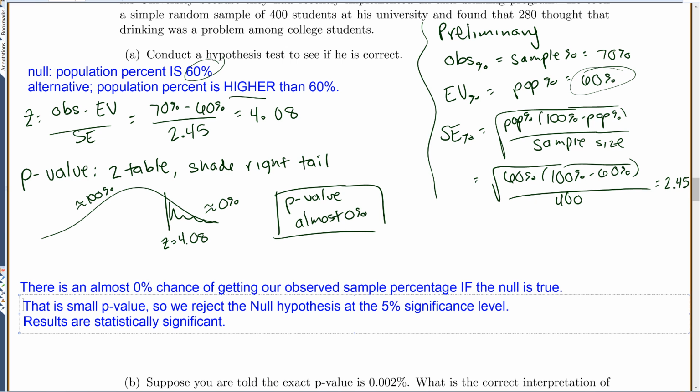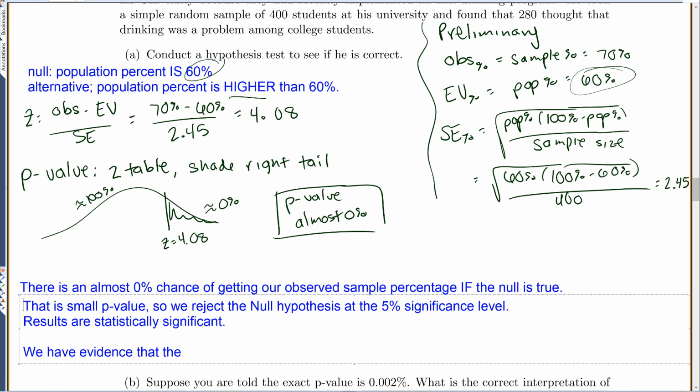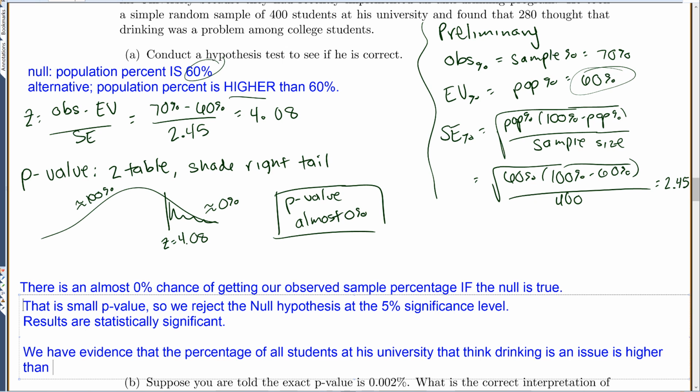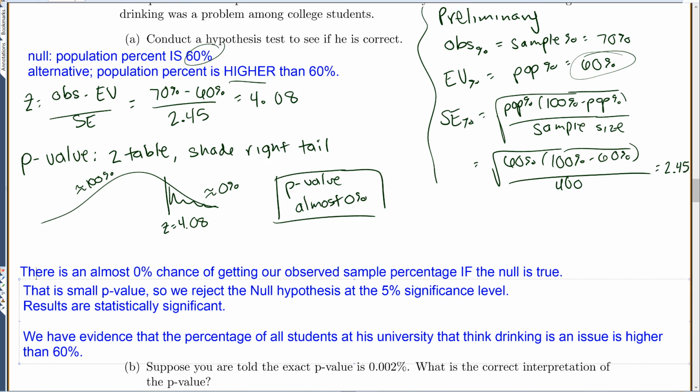Anytime you have a small p-value, you can say they're statistically significant. And you say something like, we have evidence that the percentage of all students at this university that think drinking is an issue is, now look at your alternative, the population percent is higher than 60%. So higher than everyone in Ohio.